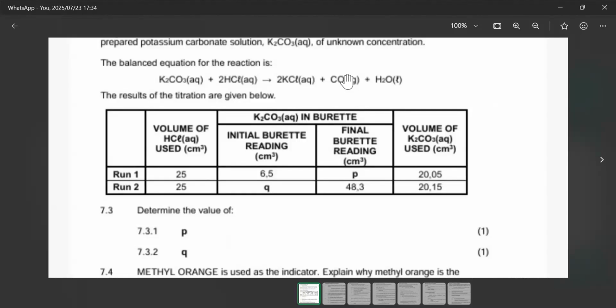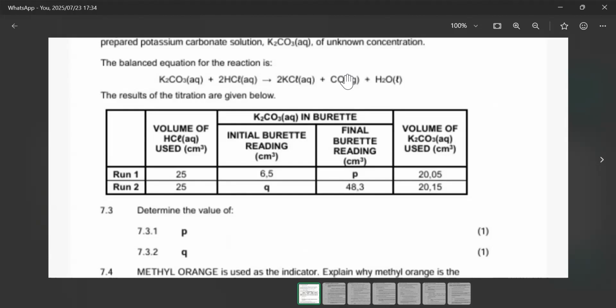But in the first experiment, they used 20.05 cubic centimeters of potassium carbonate. In the second experiment, they used 20.15 cubic centimeters. 2 different volumes in 2 different experiments. Okay. But now they say this is the volume of potassium carbonate in burette.